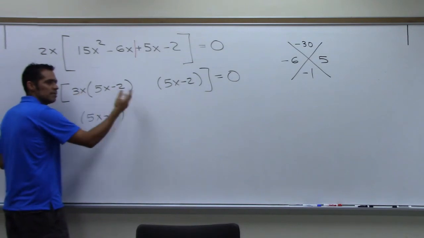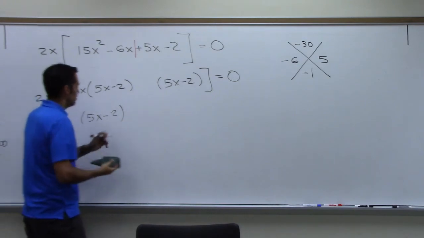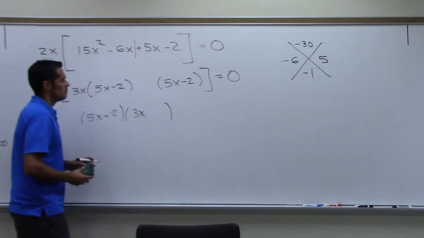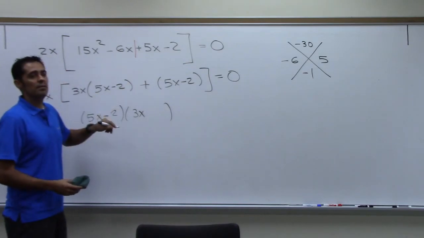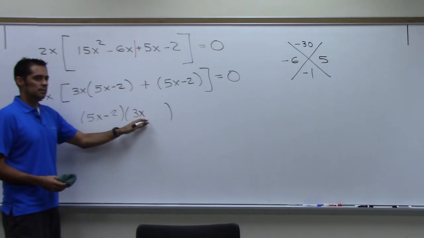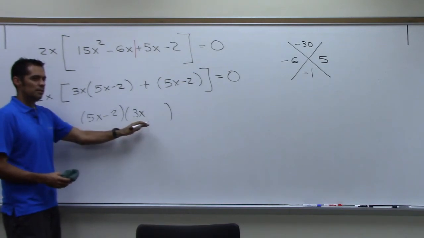Like, you're going to do 3x and then it'd just be plus with parentheses. You need a plus sign. You mean you need a plus here? You're saying just put a plus there. Yeah. Okay, so what are you going to put here? You would need the 5x minus 2. Okay. And then what goes here?